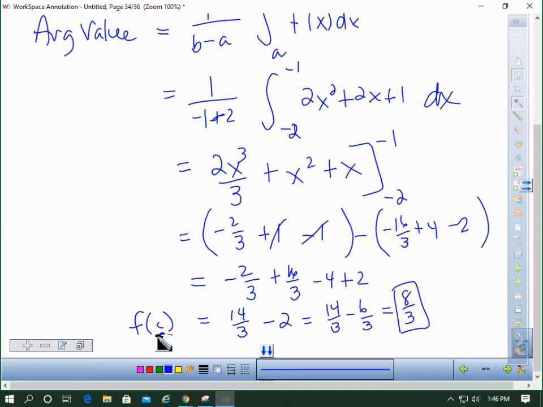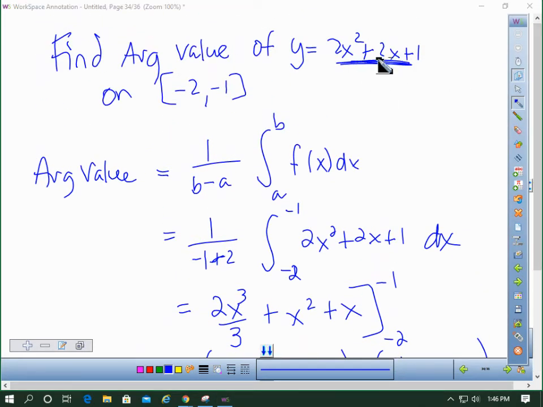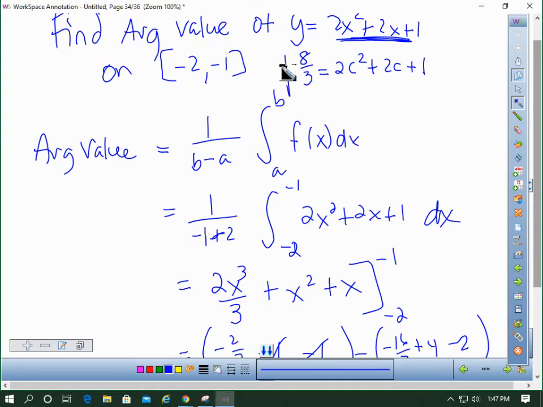So if the problem says find c, then you have to go back to this original equation up here and set it equal to 8/3, which I'm not sure is going to be a very nice answer. So there's some f of c, so that when you plug c into your function, you get the answer 8/3. All right, so that's what you would do if the problem asked you to find the c value.